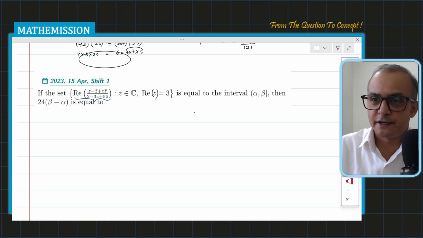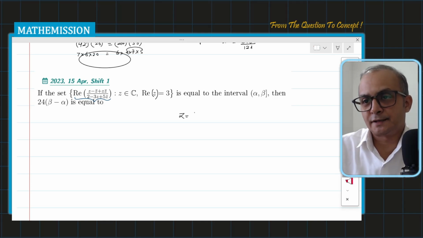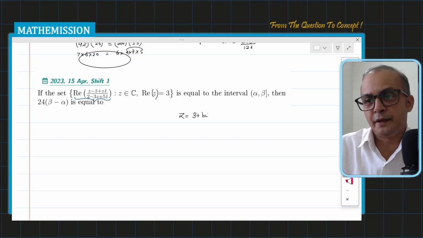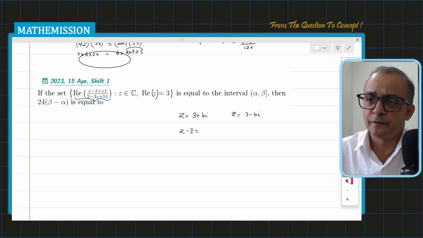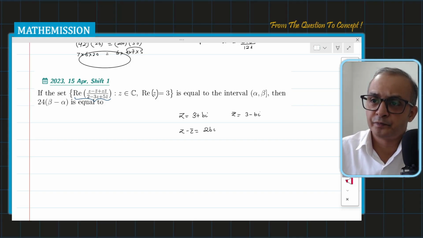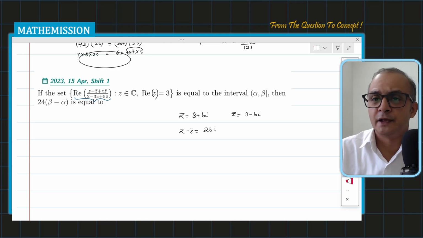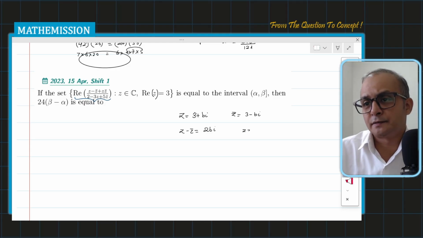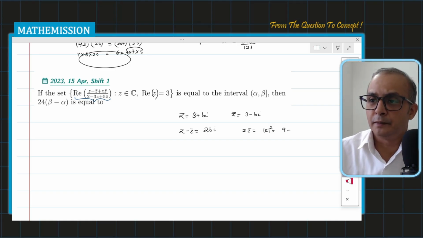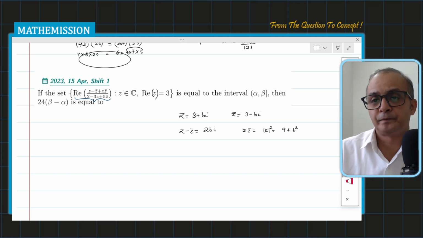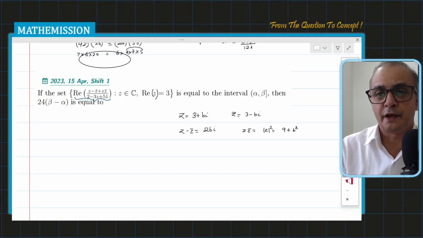So here they have given z minus z bar. So z I am assuming as 3 plus bi, so z bar I have 3 minus bi, and if you take z minus z bar, that is actually twice of bi, because 3 and 3 will get cancelled. z z bar is nothing but mod z square, that is going to be 9 plus b square. So we'll substitute everything there.